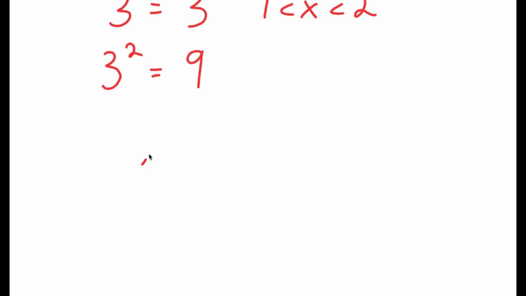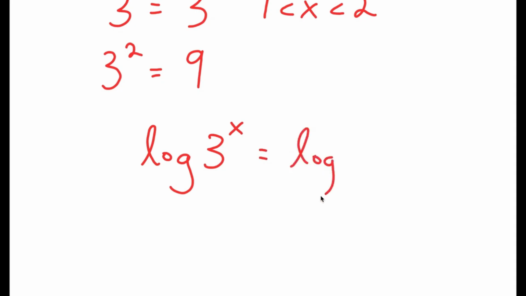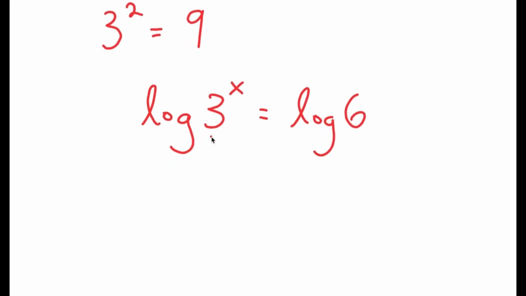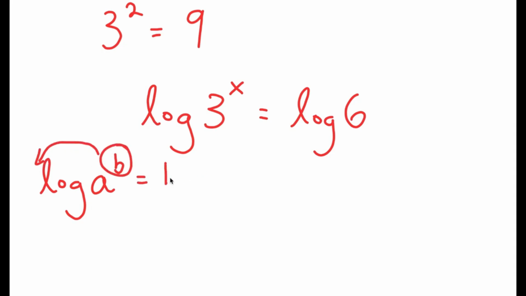Well, I'm going to first start by taking the log on both sides. So I get log 3 to the power of x is equal to log 6. And from here, if I have something in the form log a to the power of b, I can move this exponent b to the front. So this turns into b times log a. So I have log 3 to the power of x, and I can move x to the front.